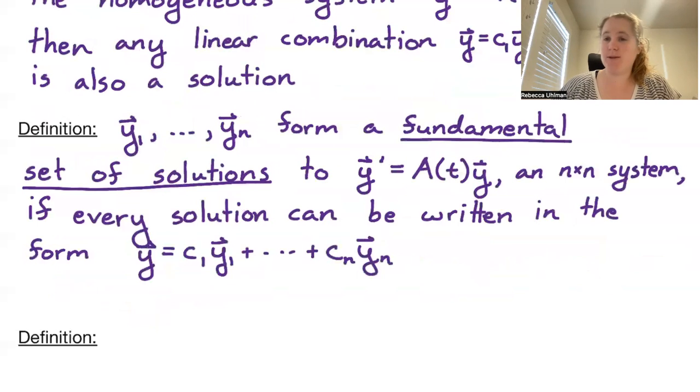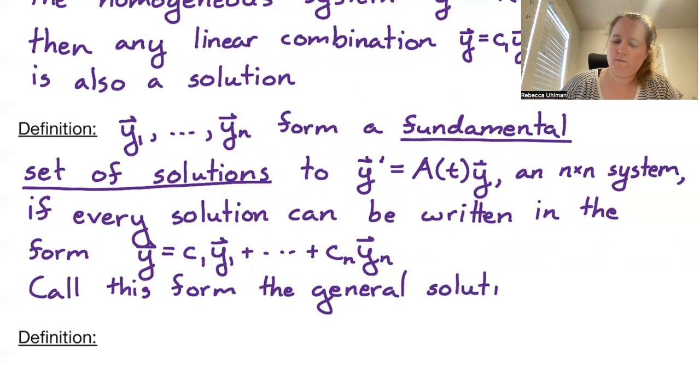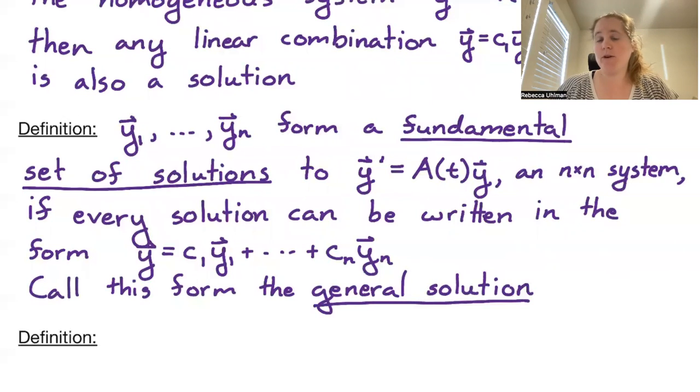And we call this form the general solution. So far the language and the theory should look very similar to what we've seen before. It's just now we're working with vector functions, where we have a vector of n functions in each of our solutions.